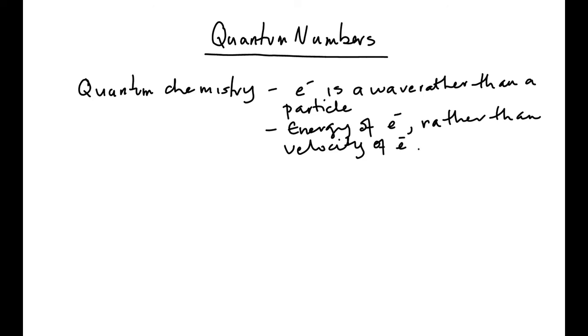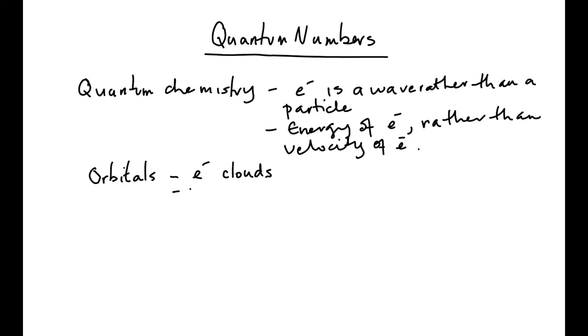Okay, so there are these things called orbitals, not to be confused with orbits. Orbitals are basically electron clouds.